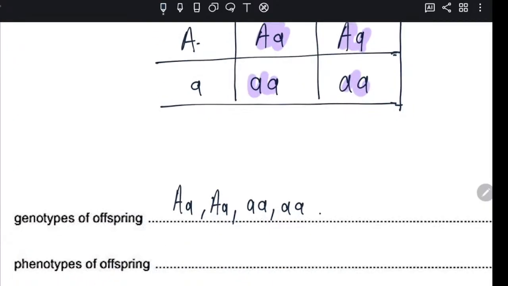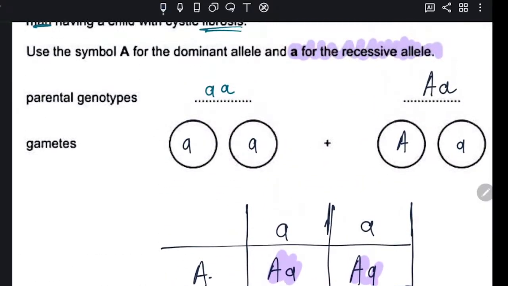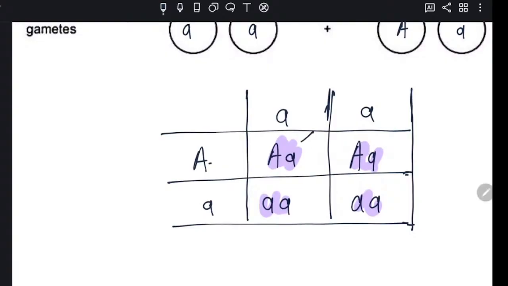What are the phenotypes? If it's big A, small a, the big A is what is expressed. What does big A represent? Is this person affected or not affected? This person in the phenotype doesn't have cystic fibrosis if they are heterozygous like that.